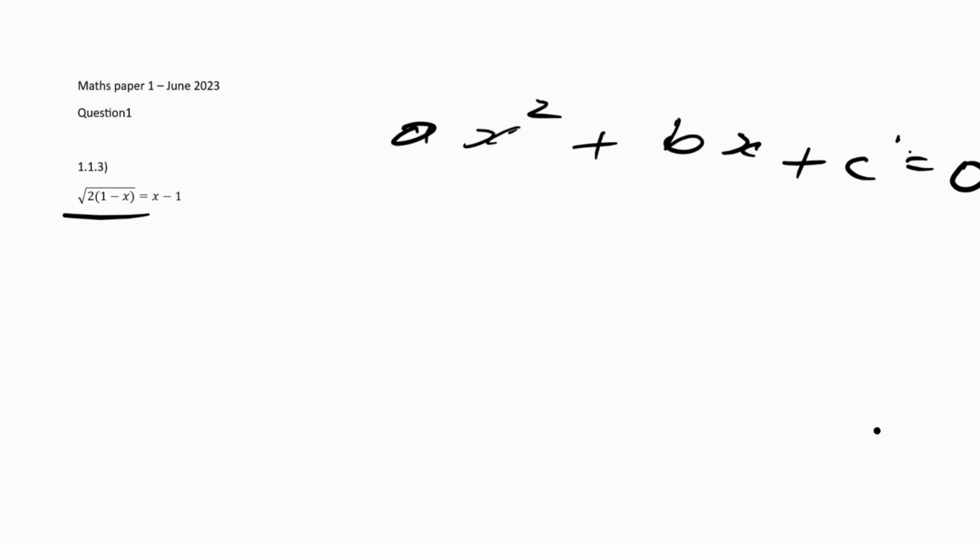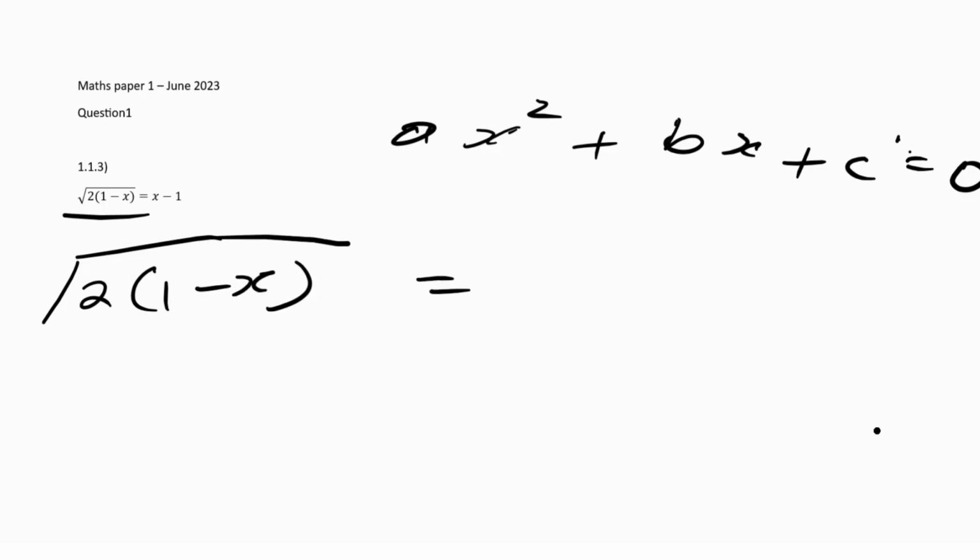So in order to do that, let me just rewrite this thing. It's 2, 1 minus x. This goes all the way, then is equals to x minus 1. So what we do is we square both sides. So remember, you don't just square each element on the other side, you square the whole thing.